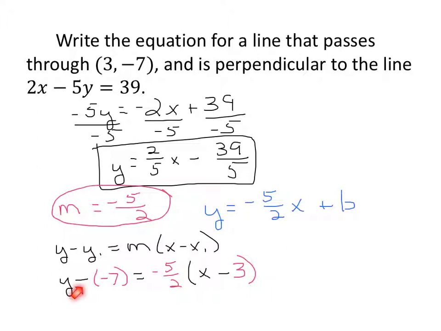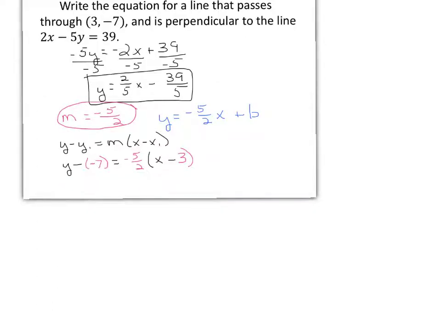You keep the minus, and then you plug in negative 7, and then I plugged in 3 for my x1. Continuing, y minus negative 7: minus a negative is the same thing as plus a positive, so we have y plus 7 equals, and now we're going to distribute the negative 5 halves times x and negative 5 halves times negative 3.